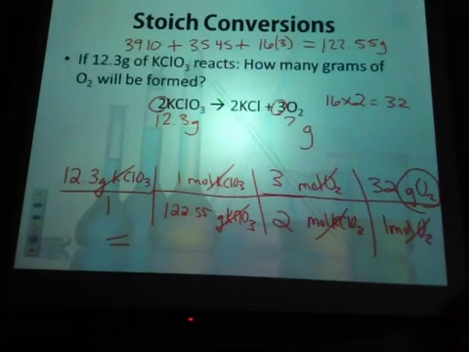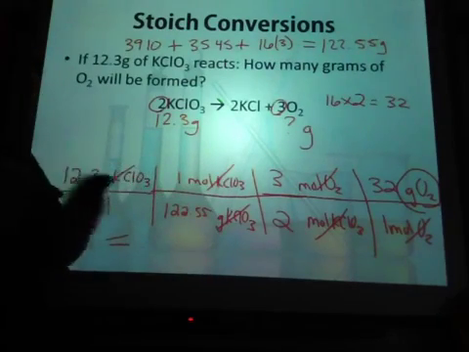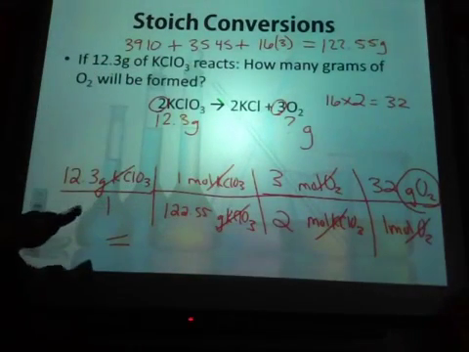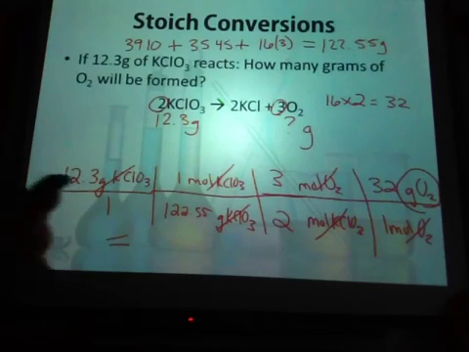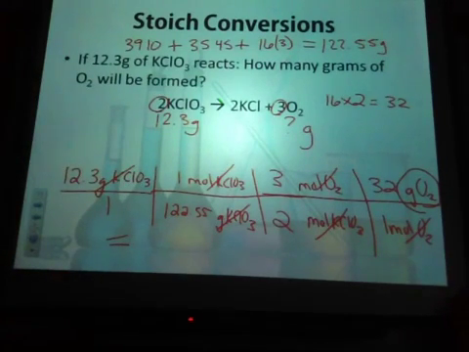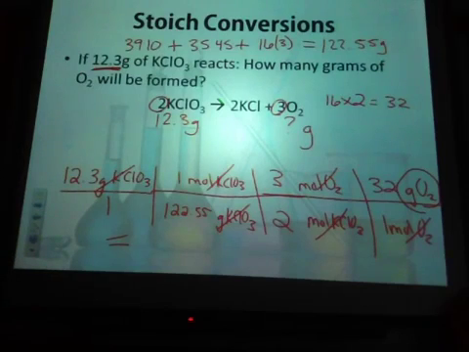So I would type in 12.3, times 3, times 32, and then I'd hit divide by 122.55. I'd hit divide again by 2. And so we can keep looking at our number, we can keep 3 numbers in our answer.